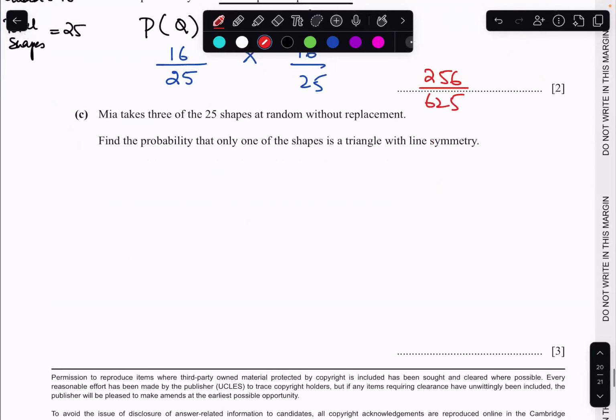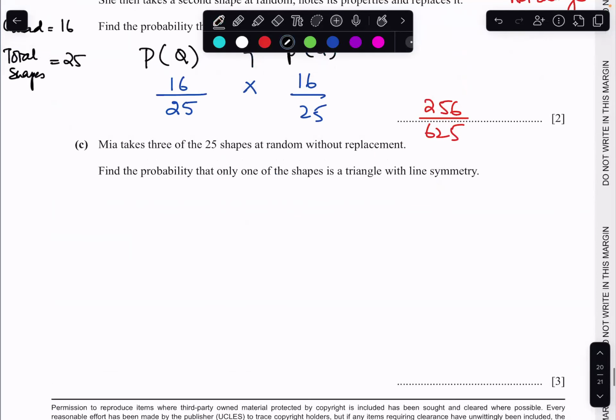C part, the last one. They're saying Mia takes 3 of 25 shapes at random without replacement. Is she going to place it back?